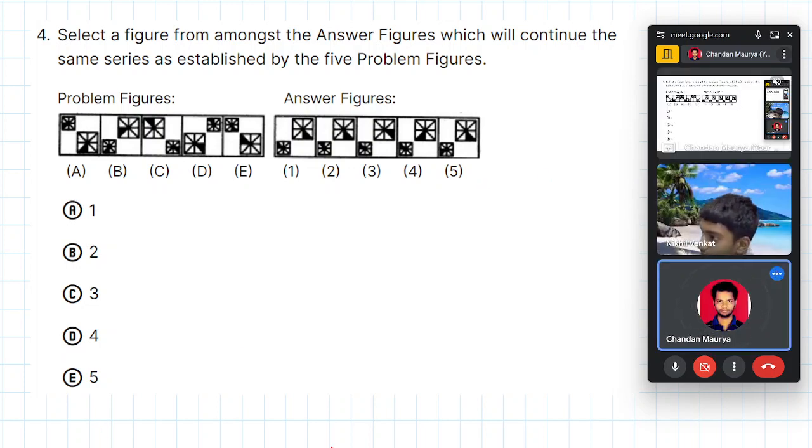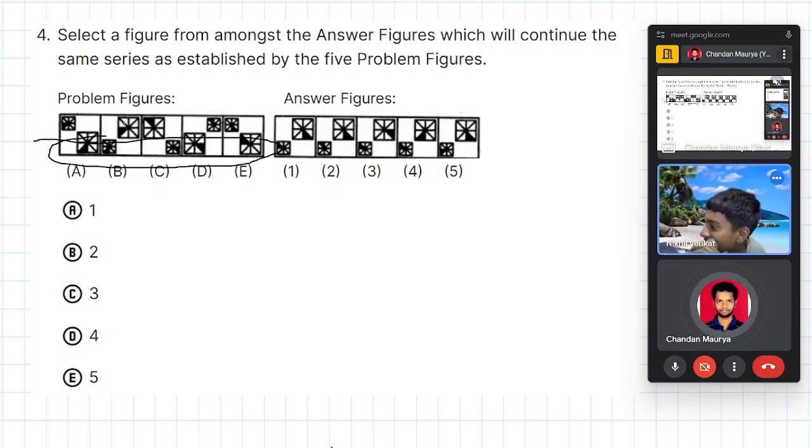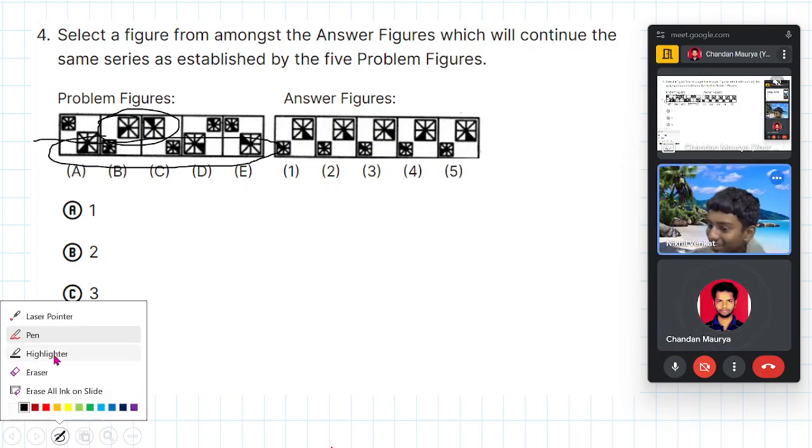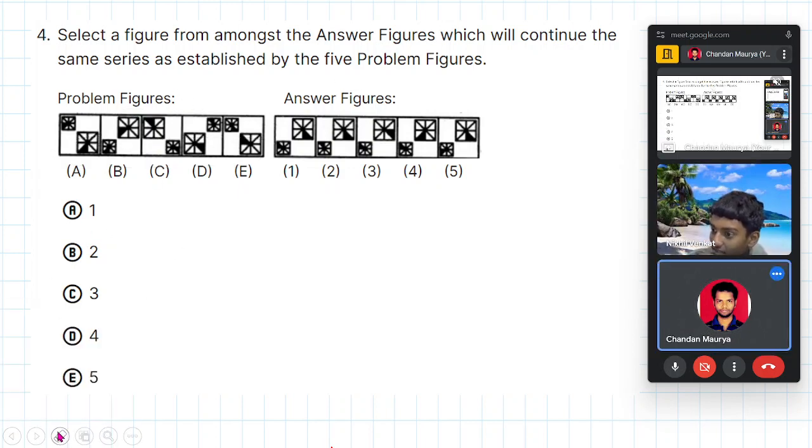Yes, sir. Now see, sir, what is happening? Three boxes up, two boxes, no, three boxes down, two boxes up. This is not a logic, sir. Something else. Sir, as we can find, this bigger box was below, and after that, just focus like this.